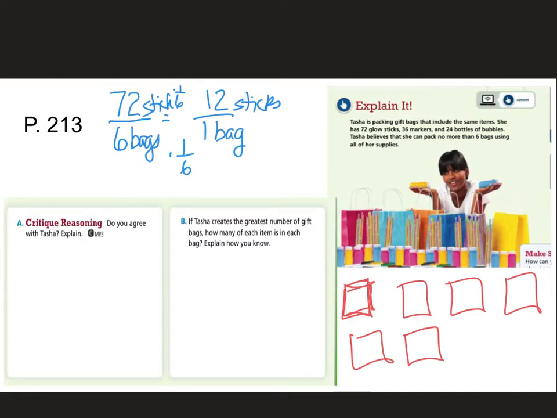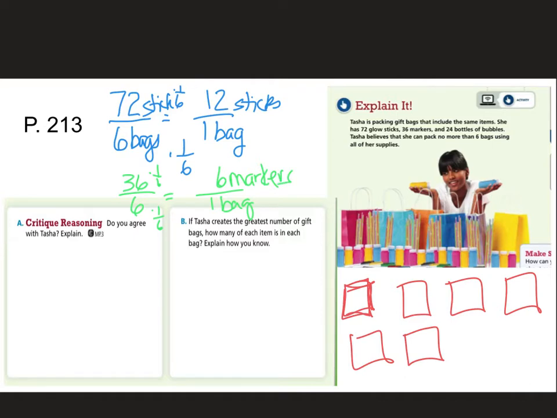And then if I do the same thing with the markers, say I have 36 markers in 6 bags, then how many markers per bag? I would multiply by 1/6 again and get 6 markers in a bag.